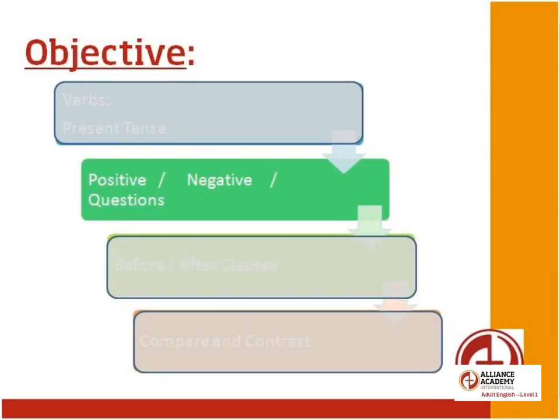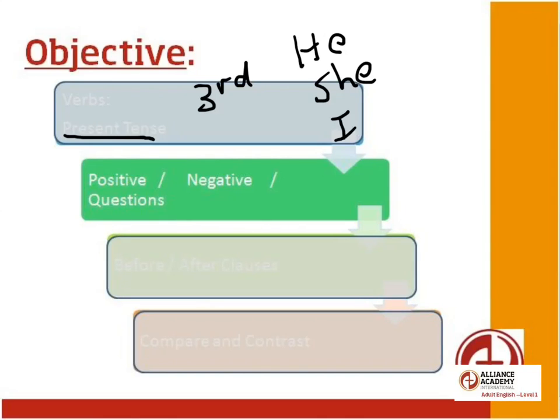So we have taken a look at the verbs. We've looked at present tense. We've talked about third person, and that we use third person for the subjects he, she, and it. So those are our third person subjects. And we use that in the present tense.